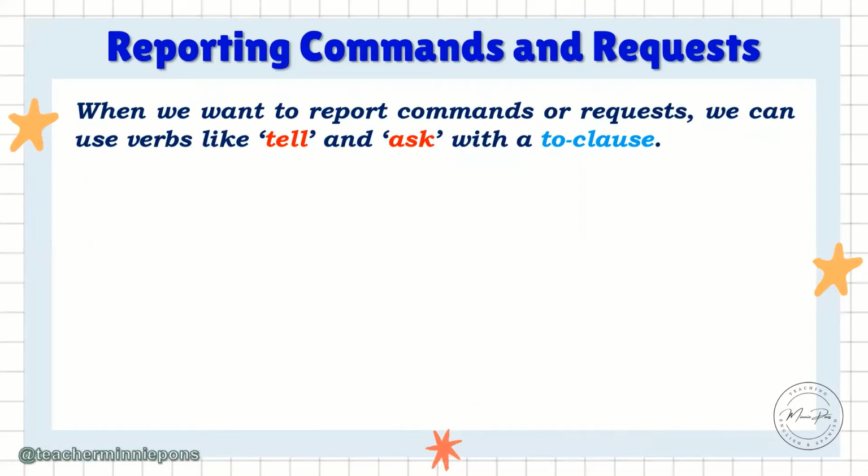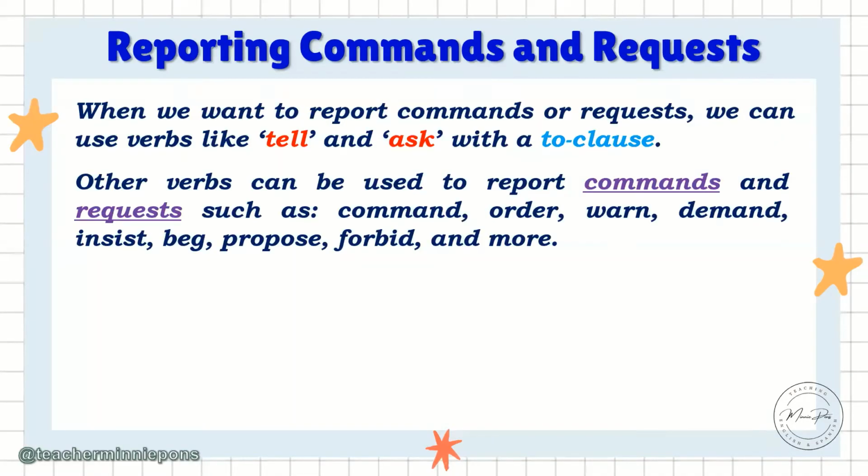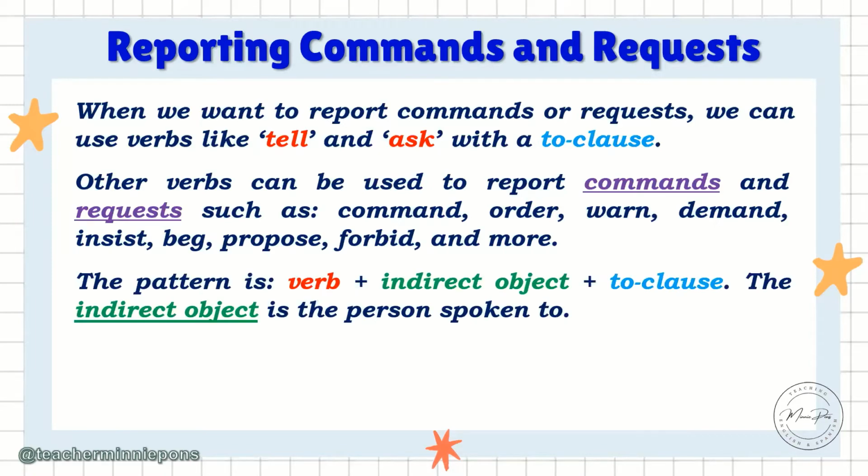Now, how can you report commands and requests? When we want to report commands or requests, we can use verbs like tell and ask with a to clause. There are other verbs that can be used to report commands and requests, such as command, order, warn, demand, insist, beg, propose, forbid, and more.